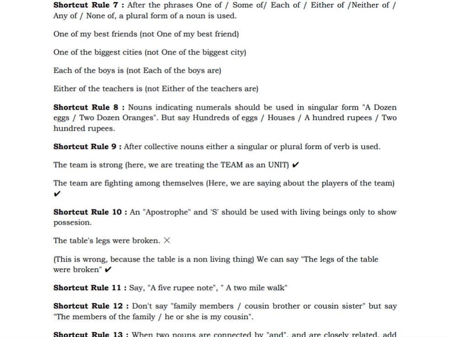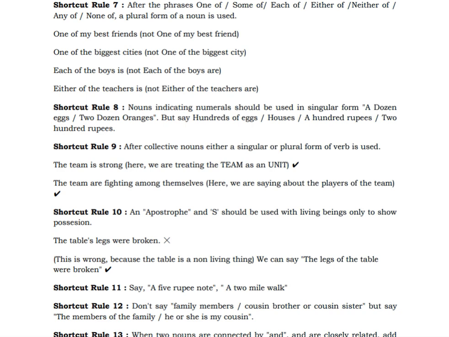One of my friends. So not one of my best friend, but it will always be plural form. Friends. The plural form of the common noun you have to use whenever the phrase one of is used. So if of is there, you be sure that you have to use plural form of the noun.